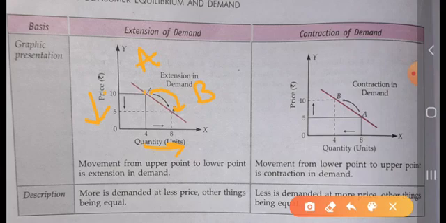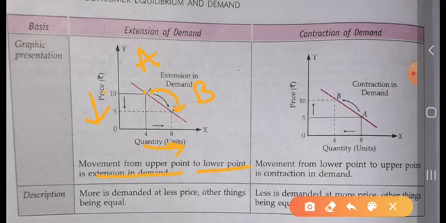The consumer moves from point A to point B along the same demand curve. There will be no shift of the demand curve. Movement from the upper point to the lower point is extension of demand.